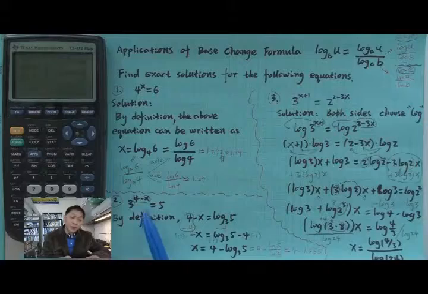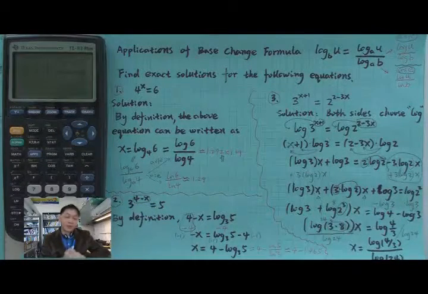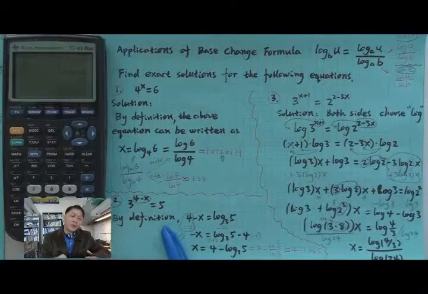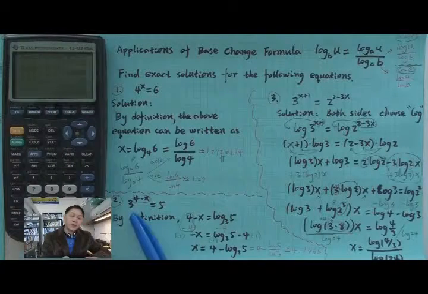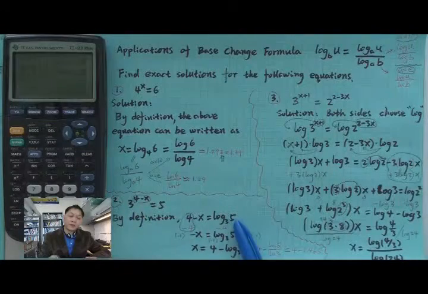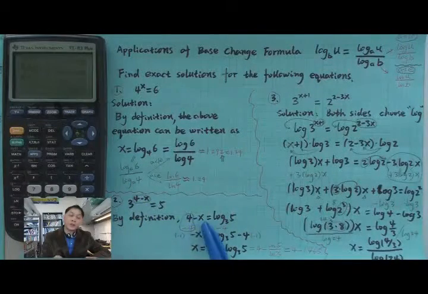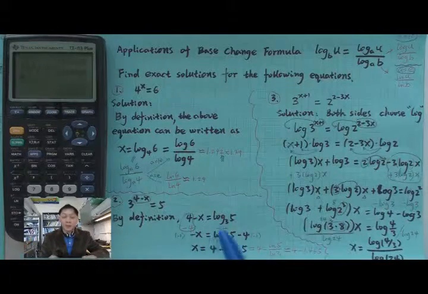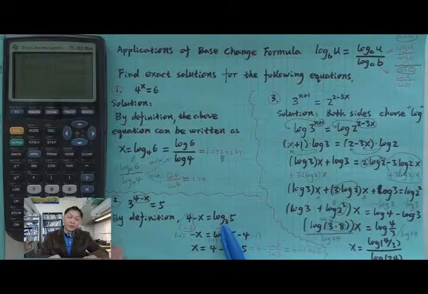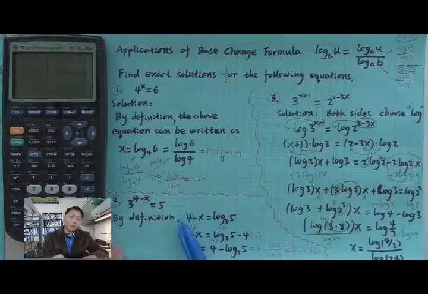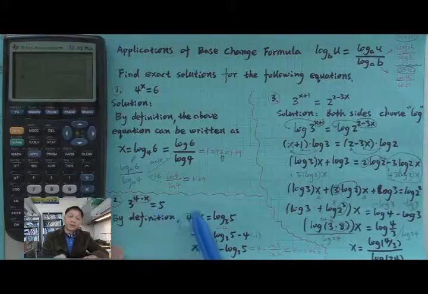Question 2, your exponent is 4 minus x. This one looks complicated. But you know, by definition, you can rewrite it: 4 minus x is the exponent. My logarithm function, that's log base 3 to the 5 equals the exponent 4 minus x. Remember, the logarithm is always used to find out the exponent, to find out 4 minus x.